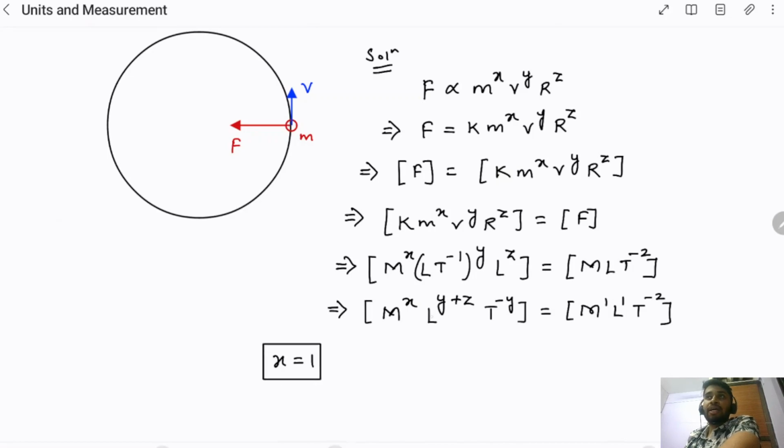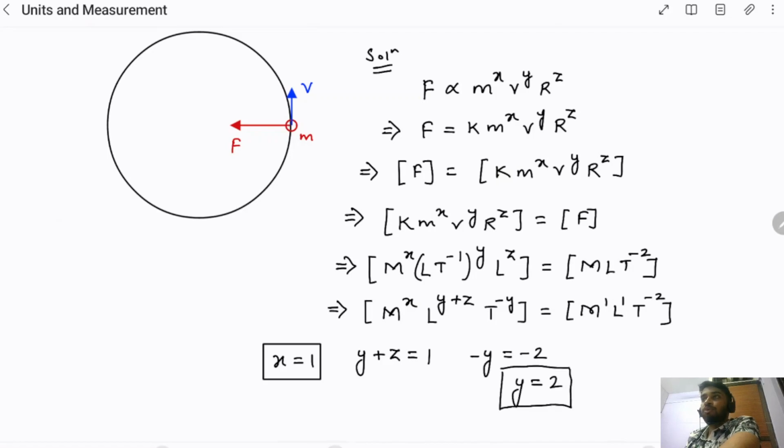Similarly, the power of L is y plus z, and that should be equal to the power of L on the other side, which is 1. This is another equation we get. And if we equate the powers of time, that is minus y, it should be equal to minus 2. So from here we get y equal to 2.